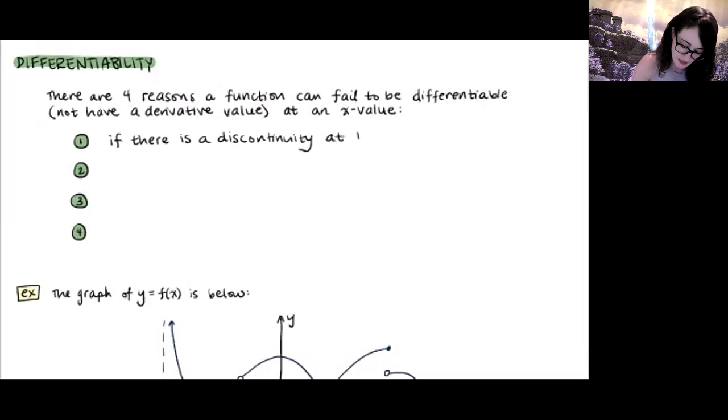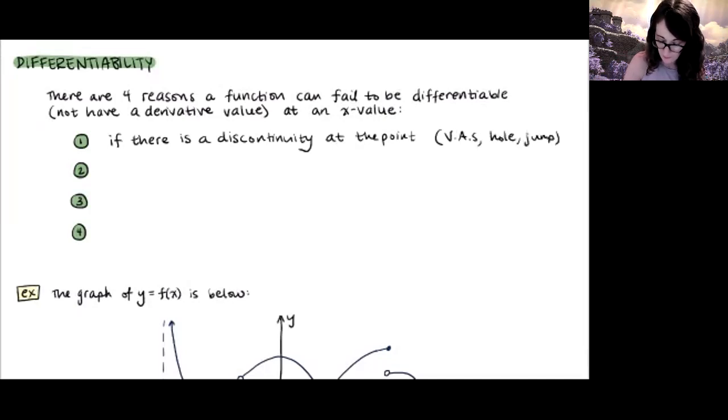So remember, functions aren't continuous when they have a vertical asymptote, when they have a hole, or when they have a jump in the graph. So at vertical asymptotes and holes, there just isn't a point on the function for you to put a line at. So that's why there's no derivative there or no tangent line.